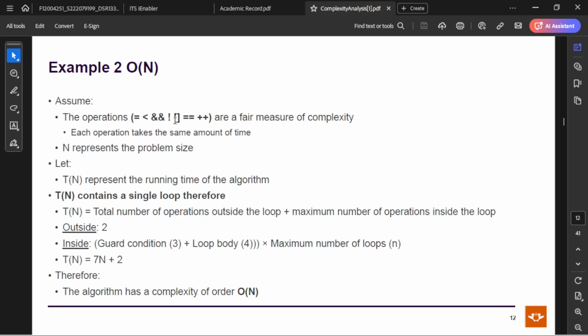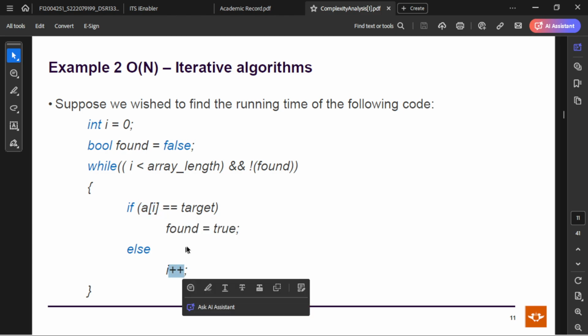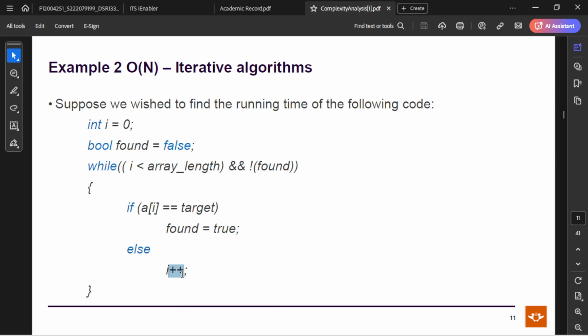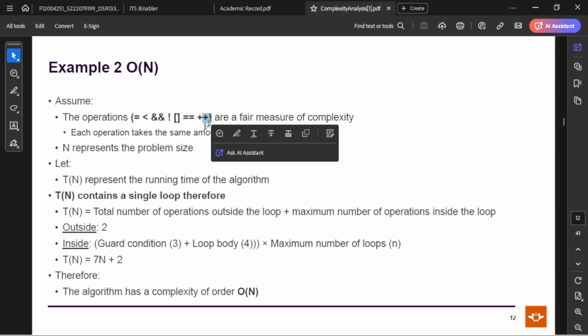Oh, the array indexing is this one here, right? And then this one, they counted as 1. They didn't have to simplify and say this is the same as i equals i plus 1. Therefore, it's going to have assignment and operation there. No, they just took this one as 1. So it's doable like that. Hence, yeah, what they said over here.